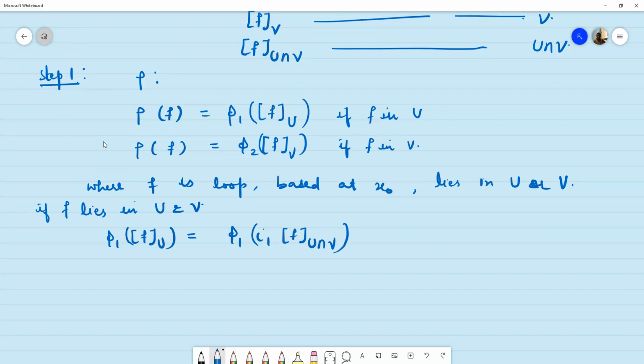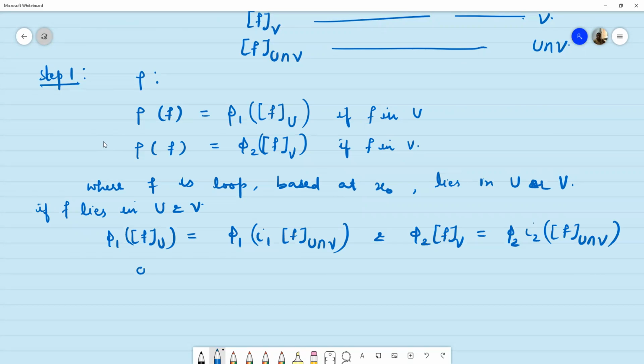Because I1 is the homomorphism induced by the inclusion map, and under the inclusion map, if f is a loop lying in U intersection V, its homotopy class is mapped to the homotopy class of f in U. Similarly, phi 2 of f_V is phi 2 of I2 of f_{U intersection V}.